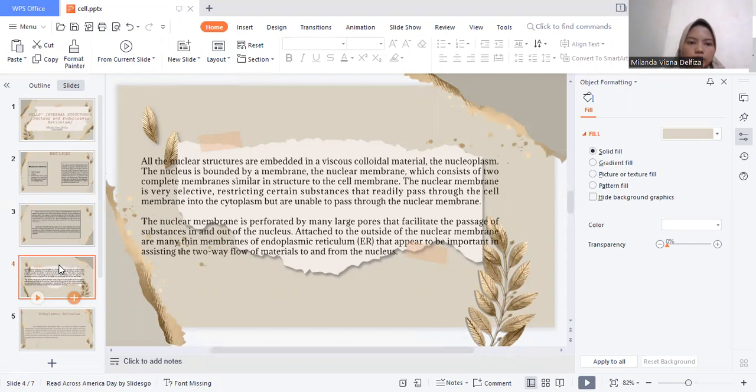The nucleus is bounded by a membrane, the nuclear membrane, which consists of two complete membranes similar in structure to the cell membrane. The nuclear membrane is very selective, restricting certain substances that readily pass through the cell membrane into the cytoplasm but are unable to pass through the nuclear membrane.